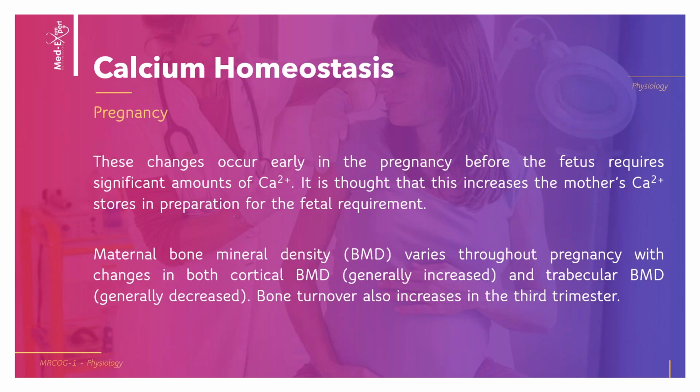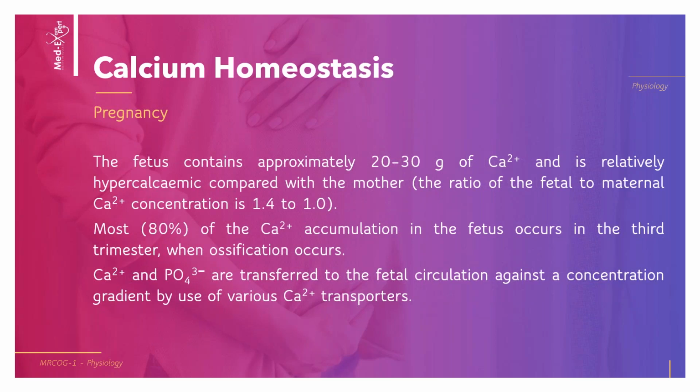So in pregnancy, we have a normal or slightly decreased parathyroid hormone level, an increase in the calcitonin, and an increase in the vitamin D to promote absorption of calcium from the intestine. The fetus itself contains about 20 to 30 grams of calcium, and it's considered hypercalcemic compared with the mother.